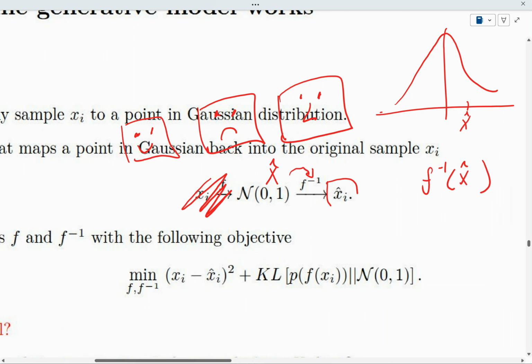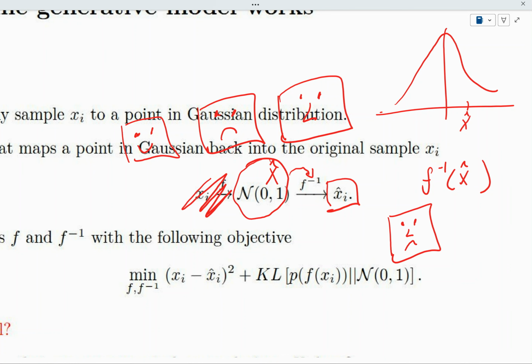Well, the result of this would be an image of a person's face, right? So essentially we can generate samples from a Gaussian, and through this mapping generate random samples that you may or may not have ever seen before. So this could be a face that you have never seen, that doesn't exist, right?